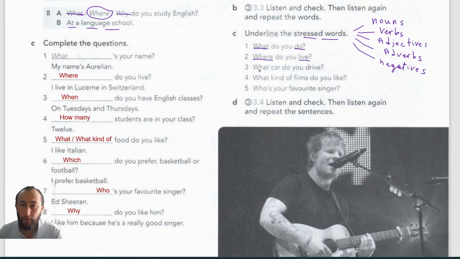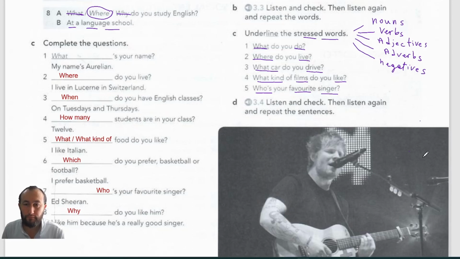Number 3, what car do you drive? What car drive. What kind of films do you like? Who, favorite singer? So these are the words stressed. We should stress on them. Okay, we can double check. So let me play the audio.